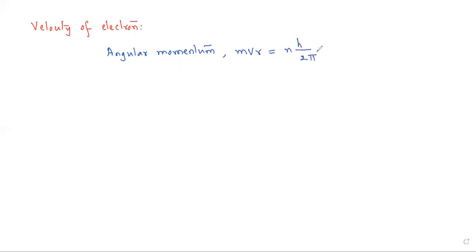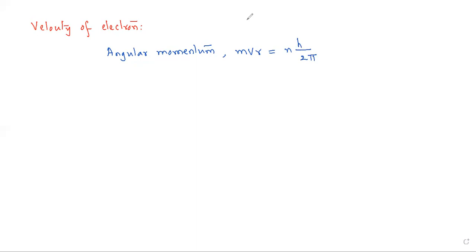Now let us go for the expression for velocity of electron. Let us write the angular momentum expression once again. You know, angular momentum mvr is equal to n into h by 2 pi.